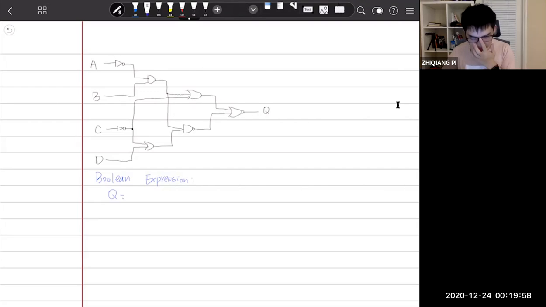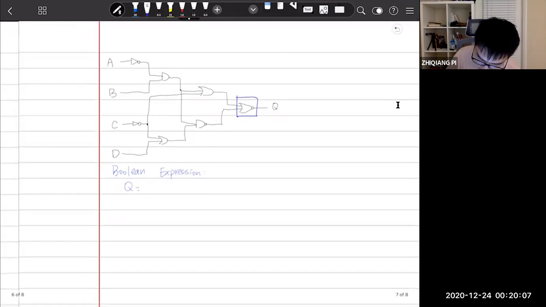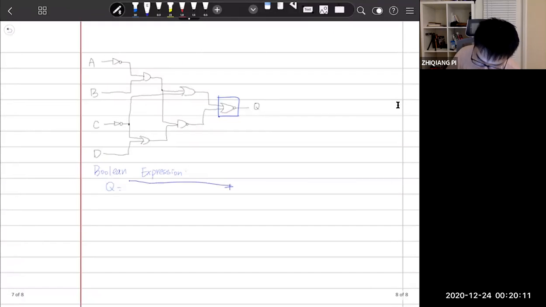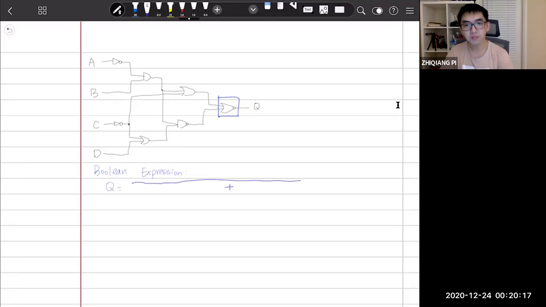Okay, welcome back. So, same workflow. We look at this level, we get a NOR, which is an OR with a big not. So let's look at the two inputs of this NOR gate.